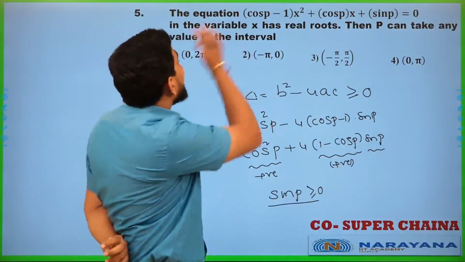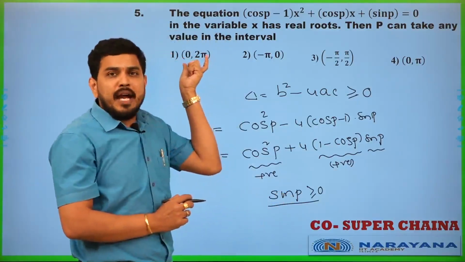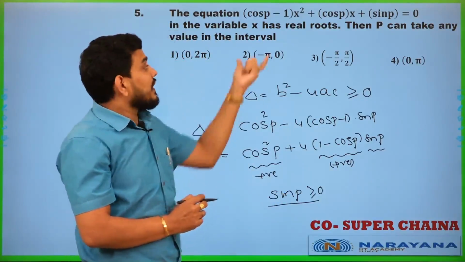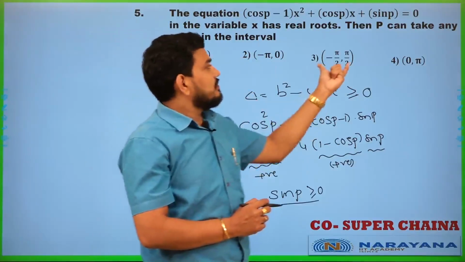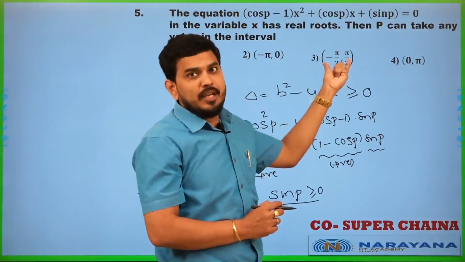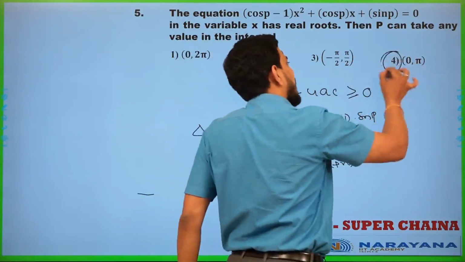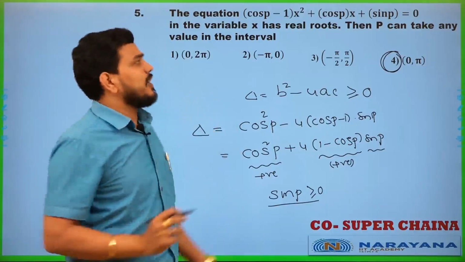But look at the values we have. In 0 to 2 pi, sin can be positive or negative. Here negative, here negative and positive, here positive. So I will go and mark this answer. But 0, can we take p equal to 0? No, I can't take p equal to 0.